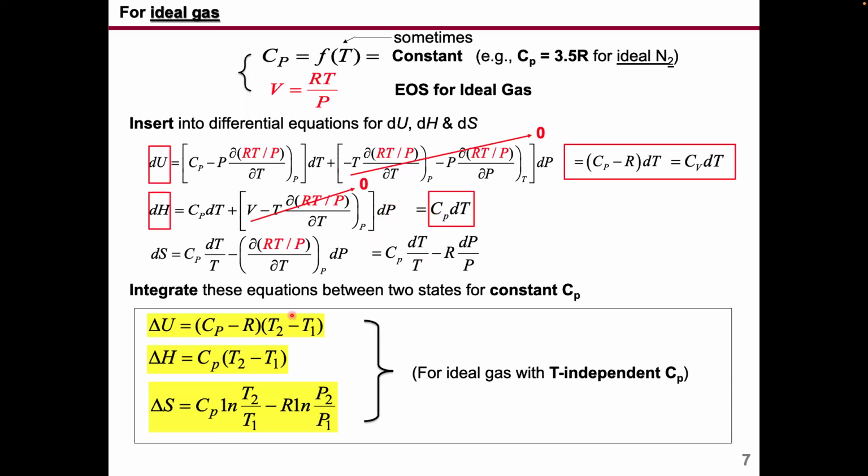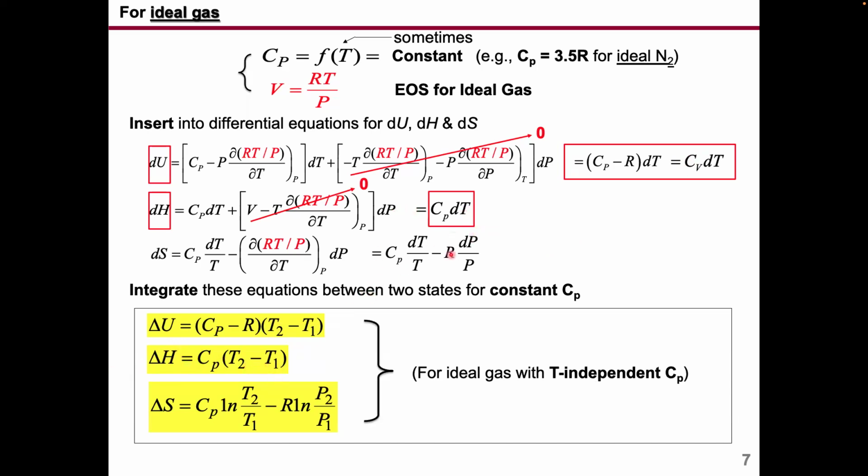Now, basically, you just take the integral if you want to calculate the changes between two states. And here, remember, Cp is a constant value. Then you basically do the integral of this. So delta U is going to be Cv delta T. Imagine state 2 has T2 and state 1 has T1, so delta T is just equal to T2 minus T1, times Cv. Same thing for delta H: delta H is going to be Cp times T2 minus T1.